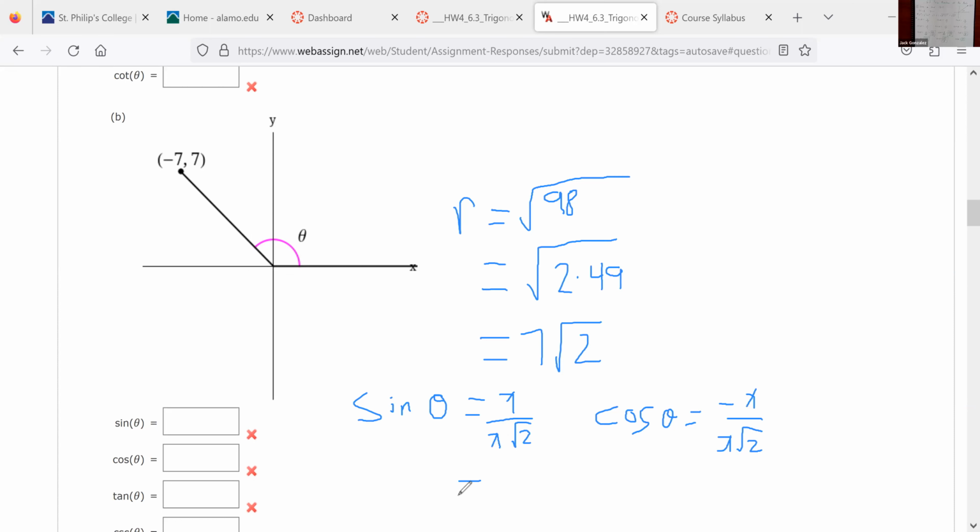So you should start to notice that that's a specific angle, right? It's right in the middle. As you can see, cosine is negative, right?